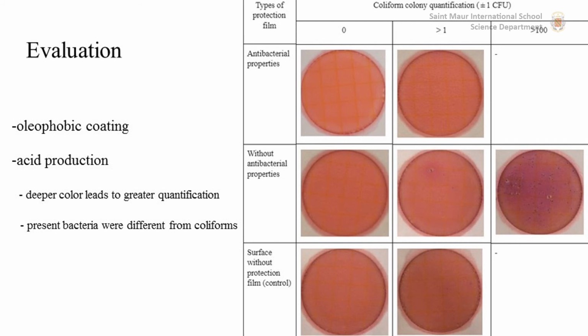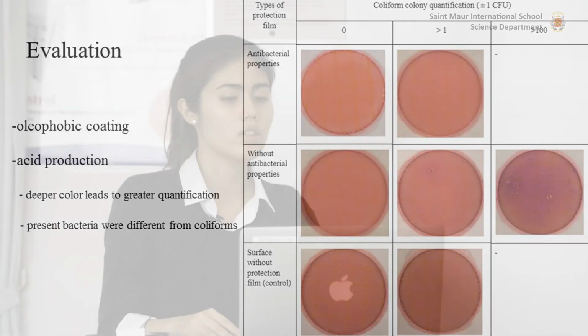However, when I looked at my overall result, I found that the color of the bacteria was getting darker under the control and the lightest on the antibacterial properties, which seems to match my hypothesis, and therefore I concluded that for the colony counts of the coliforms, the antibacterial property one was greater. However, overall, there could have been more bacteria under the control, but it was not seen as they are not coliforms.